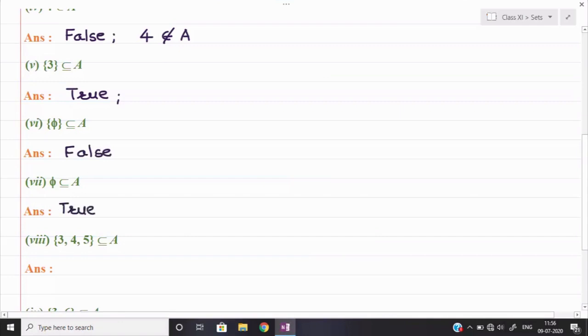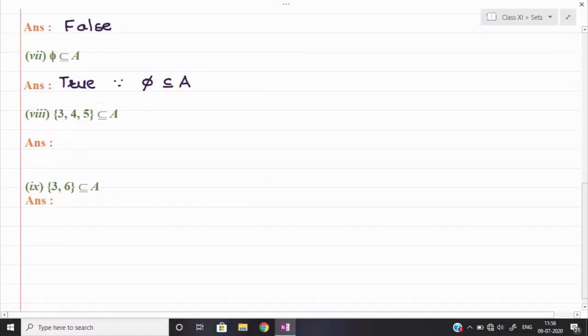Since phi is a subset of any set, part number 7 will be true while part number 6 will be false.